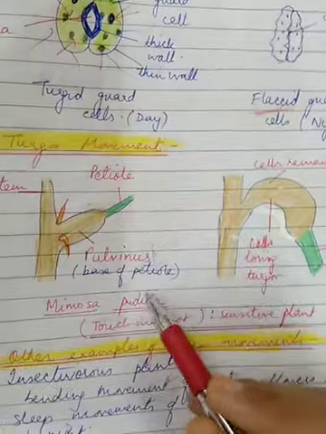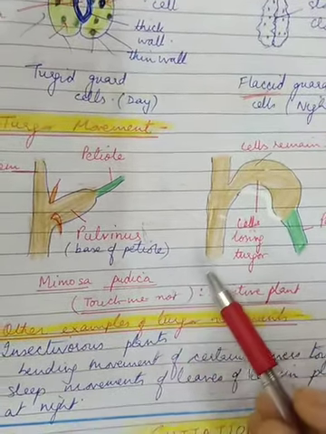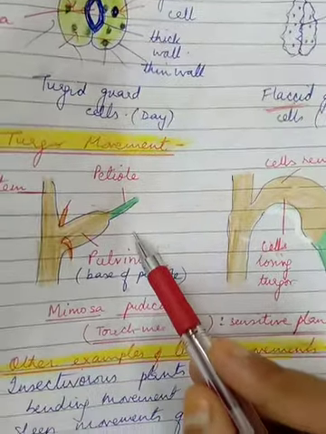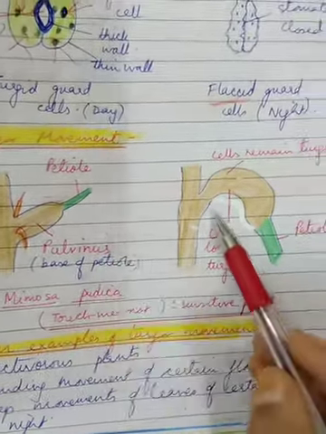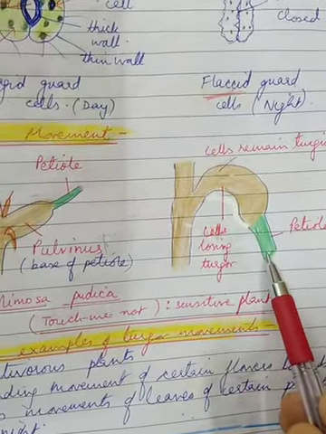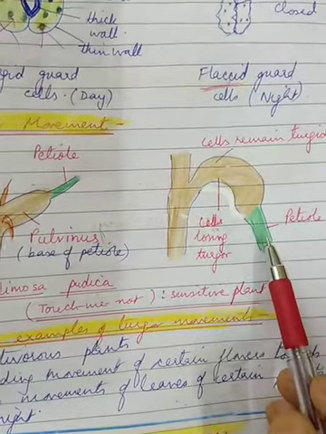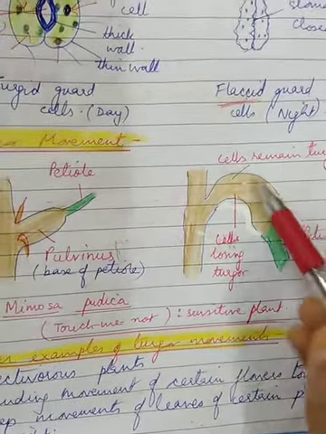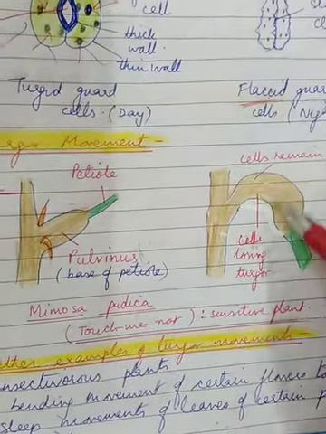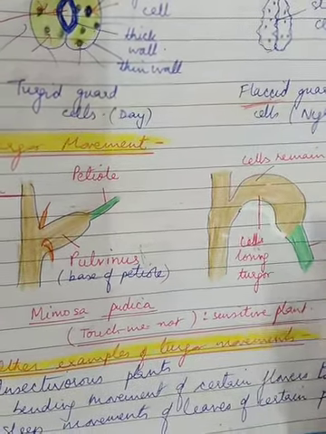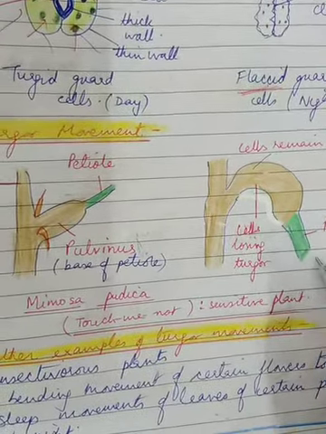The moment we touch the leaves of this plant, even lightly, the leaflet folds, and this happens within 2 to 3 seconds, and the entire leaf droops down like this, right? If touched somewhat strongly, the wave of folding and drooping spreads from the stimulated leaf to the neighboring leaves. Sometimes it spreads to the other leaflets also, and then it droops down. Slowly they recover and stand erect after some time.